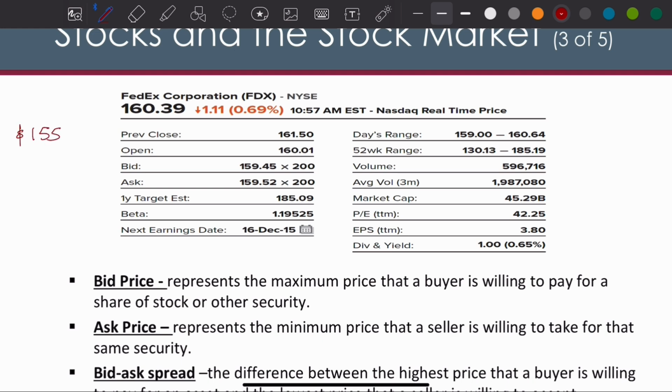If I do that, most likely the order will not be fulfilled because the current price of the stock is $160.39. But if the stock price goes down a little bit and the broker can manage to find someone who's willing to sell their shares for this price, it will fulfill my order. If not, the order will not be fulfilled and it could expire.